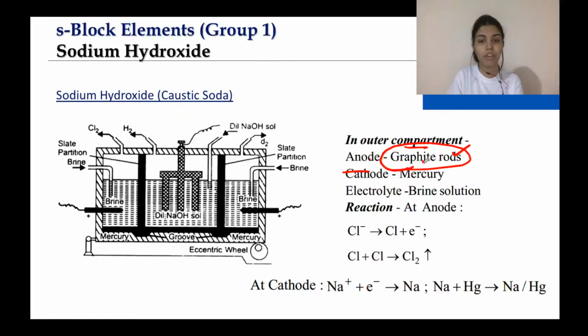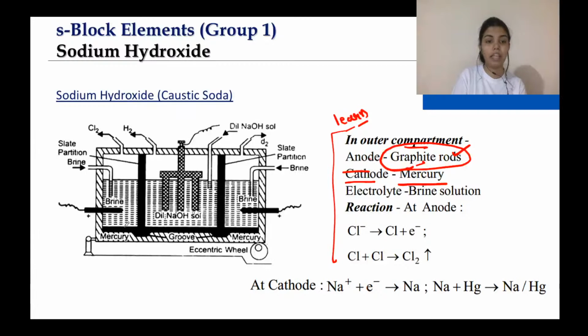This you have to learn: what are anodes and what are cathodes in the outer compartment and the central compartment. The cathode will be mercury, right? In the outer compartment, graphite will be the anode, mercury will be the cathode, and the electrolyte will be the brine solution.